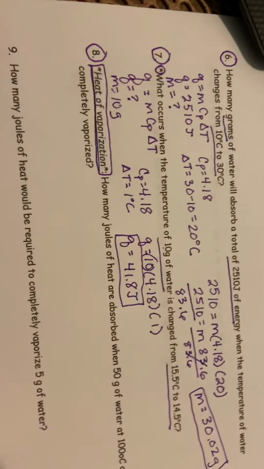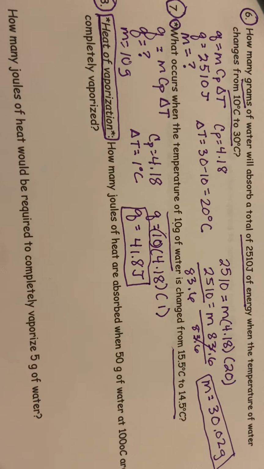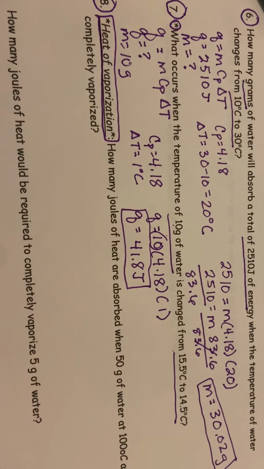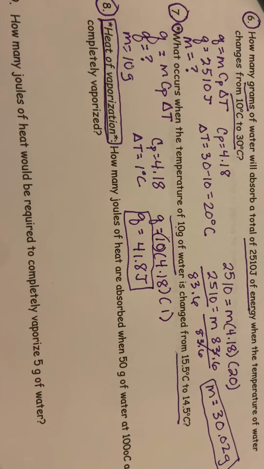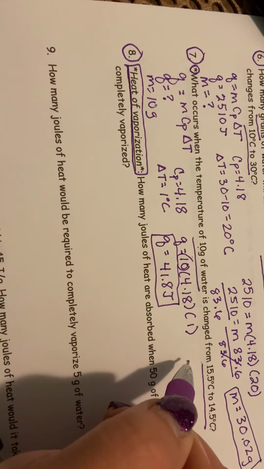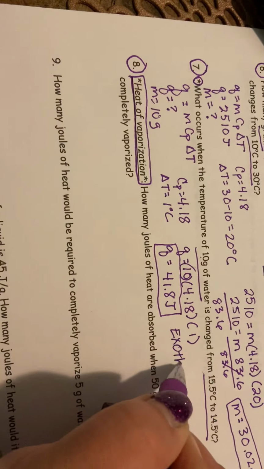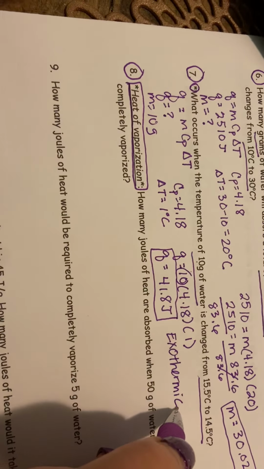And so what is really happening in this problem? What occurs when the temperature is changed? The temperature went down, okay? And if the temperature went down, that means it is exothermic, because that heat was released.